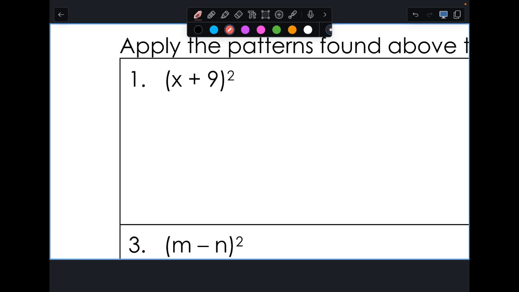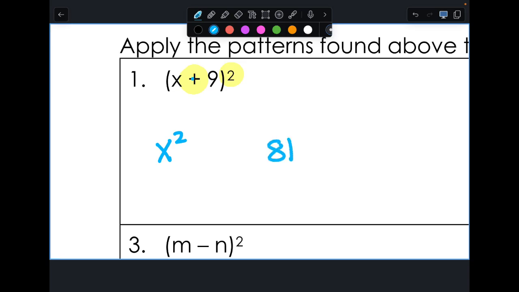So, number 1. Let's practice using the pattern, though. Maybe you'll get used to it. You have a squared, so you're multiplying the same thing twice, right? But there's a plus sign. First thing we do, square the first. X times x, x squared. Now we take that 9, square the last. 9 times 9, 81.